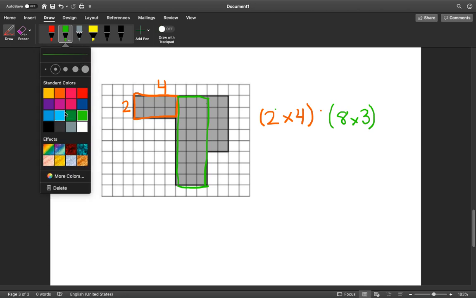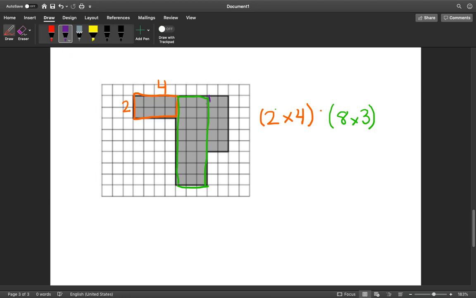And then the third rectangle is going to be 1, 2, 3, 4, 5 down, and 1, 2 across. So 5 times 2. So I have here the 3 areas that I will have to find in order to find the total area.